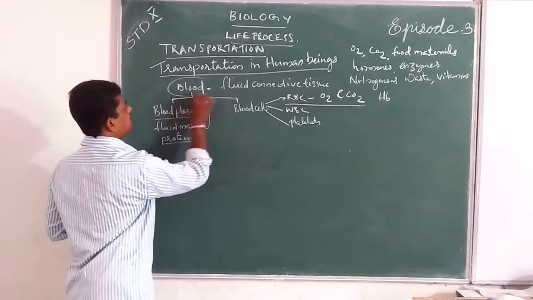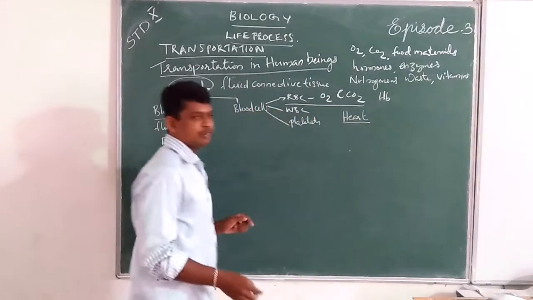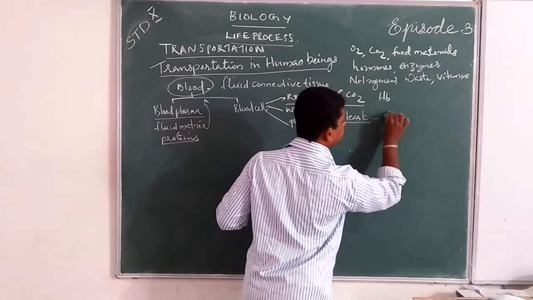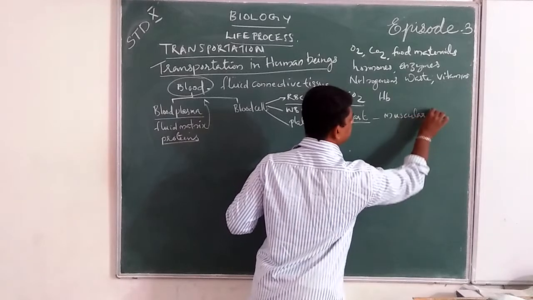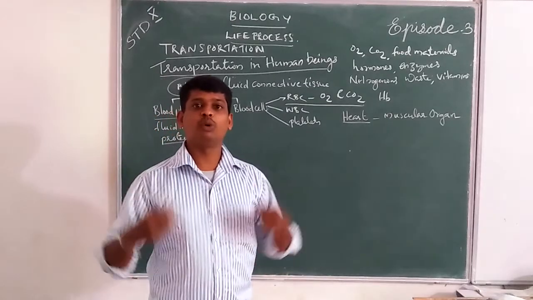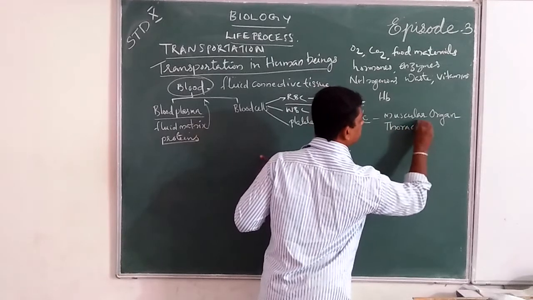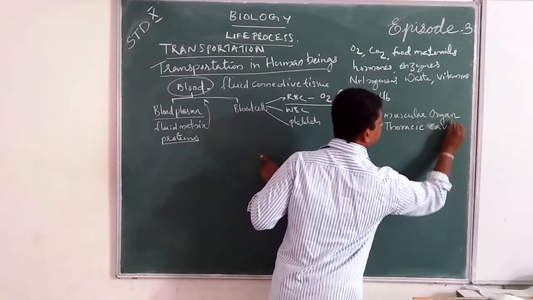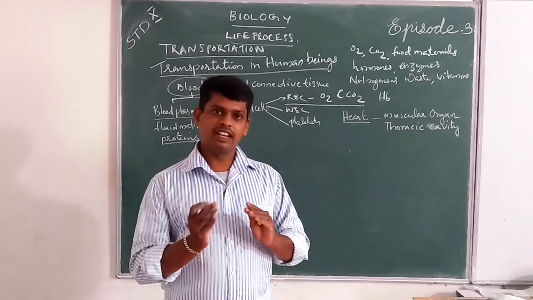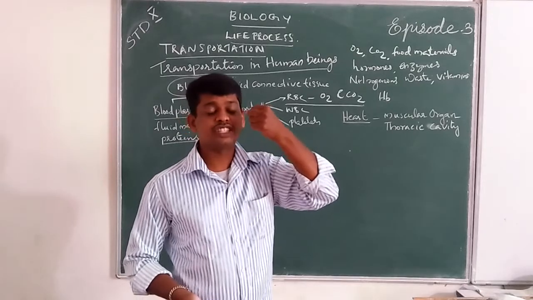Blood is the first, and the second part is the heart. The heart is a muscular organ situated in our thoracic cavity, in between the lungs, slightly towards the left, and the size of the heart is a clenched fist.